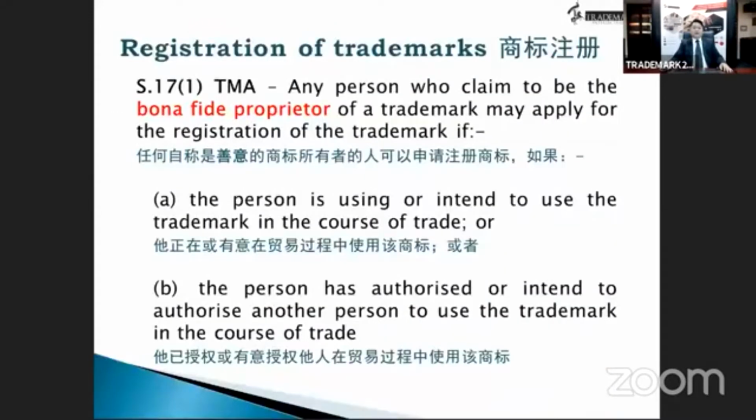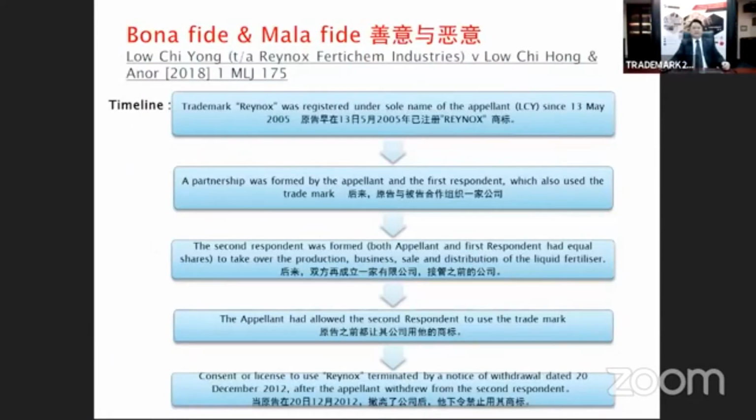Now, what is bad faith? Bad faith means it's not good faith. Simple as that. Let me show you one case, okay? This is a very interesting case study in Malaysia. This is a Federal Court case, all right?